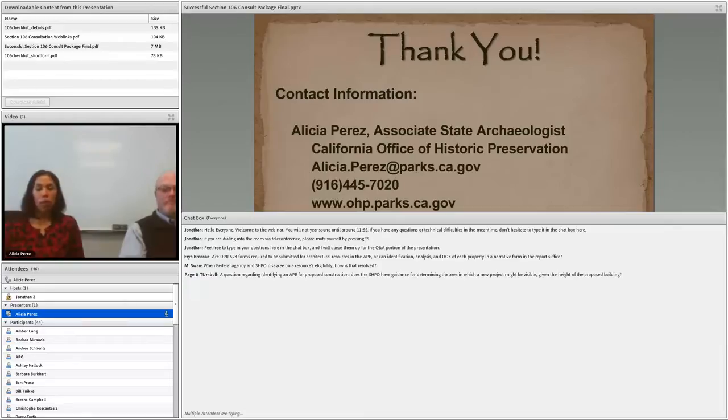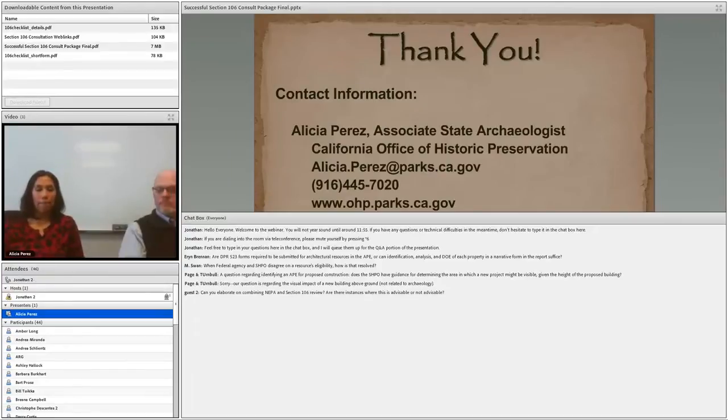Like I was saying, you might need to do a desktop soil analysis to determine the age of the soil, so a Pleistocene soil versus Holocene soil. Younger soils are more likely to have prehistoric deposits versus very old soils. So that's something to include in your identification efforts when you're justifying why you did or did not do further analysis.